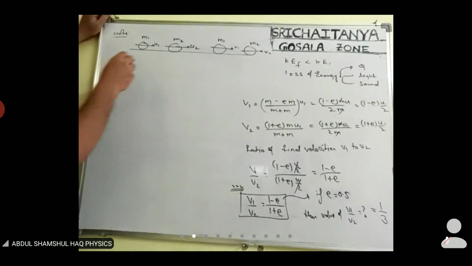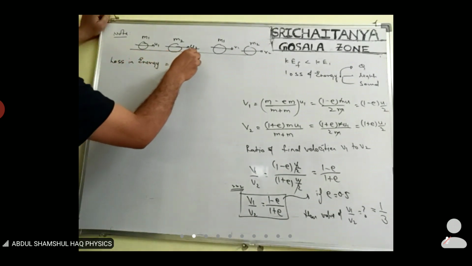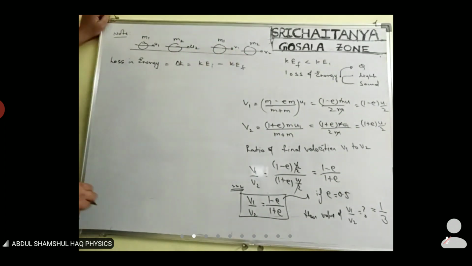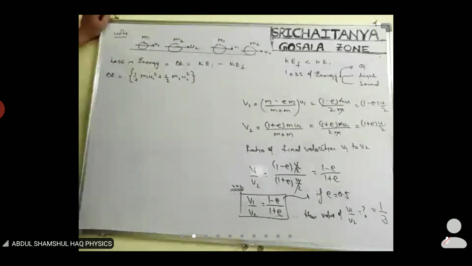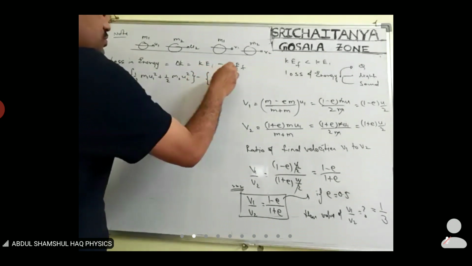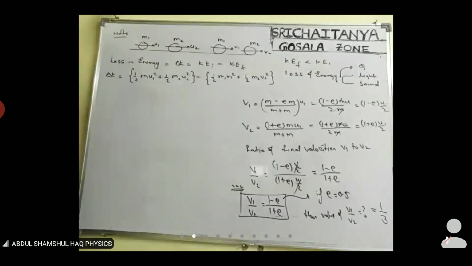So now we need to find the loss of energy, students. The loss of energy is equal to delta K, that is, initial kinetic energy minus final kinetic energy. So delta K equals half m1 u1 square plus half m2 u2 square minus half m1 v1 square plus half m2 v2 square, like this.